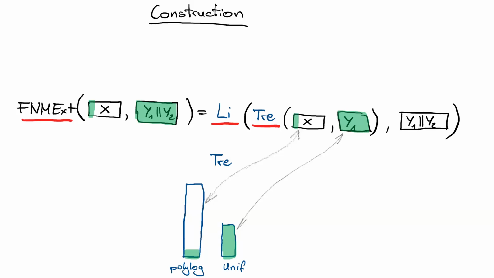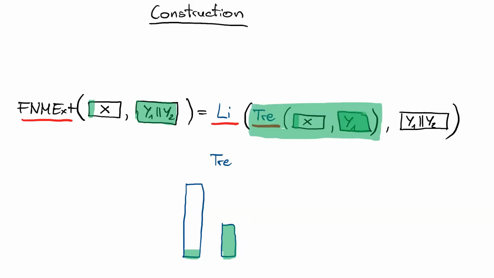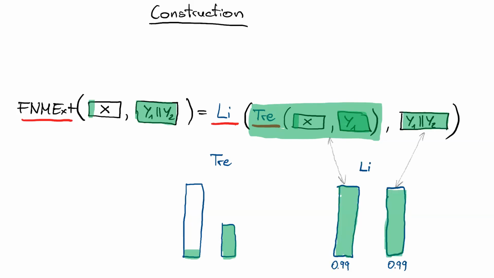Trevisan is a seeded extractor that's collision resilient. So if we plug it in, that's sufficient to extract. This is uniform. And now this is uniform. This was uniform. This is basically almost uniform, modulo some technicalities. That's sufficient to run Li.